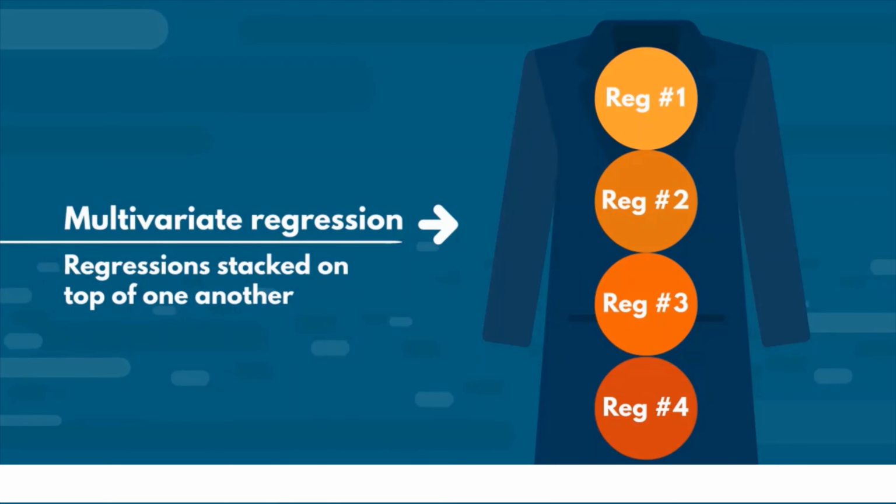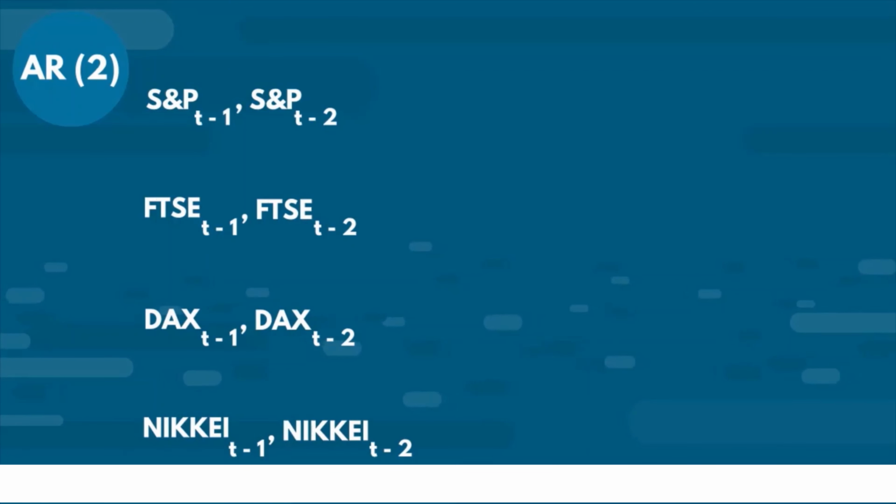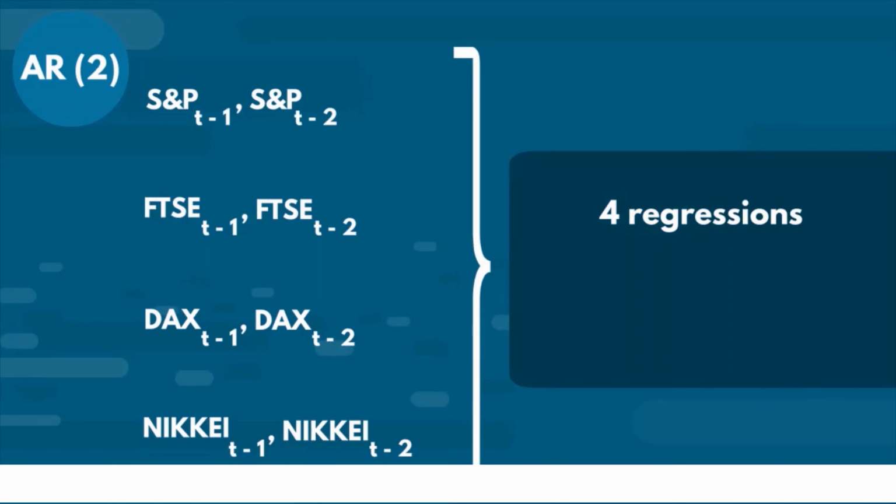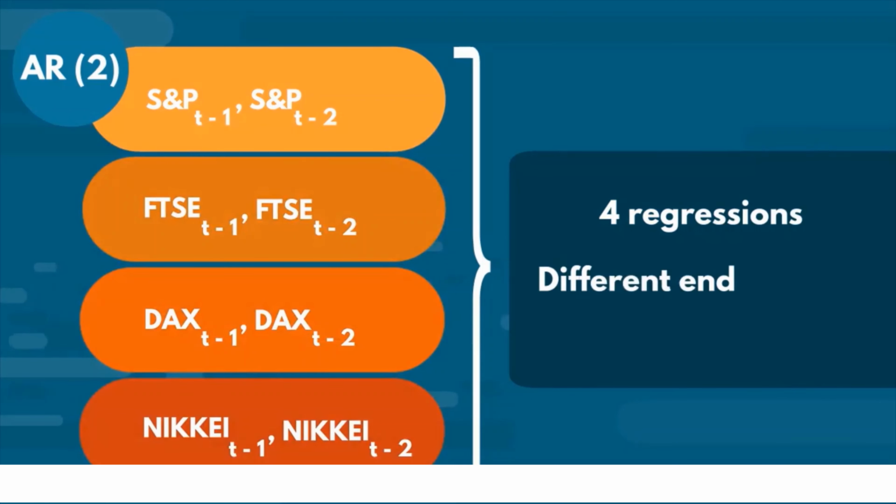In terms of our data set, that would mean that we take S&P, FTSE, DAX, and Nikkei values, and we regress each one using all 4 to estimate values. Suppose we want to use an AR2 model. Then the multivariate regression would try to fit a model using the last 2 values of each time series. Thus, we'll have 4 regressions of the same model using different endogenous variables.